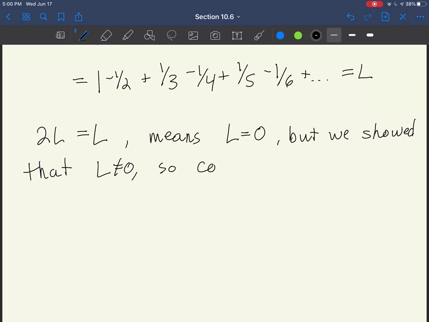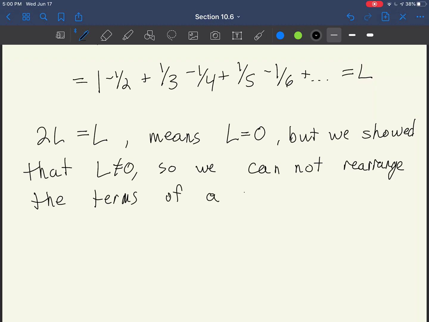So that means that this operation of rearranging the terms was invalid. So we cannot rearrange the terms of a conditionally convergent series.